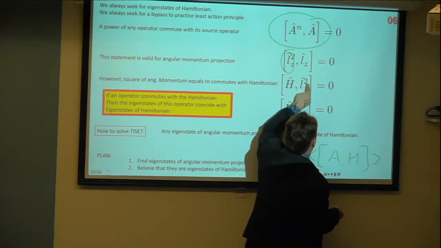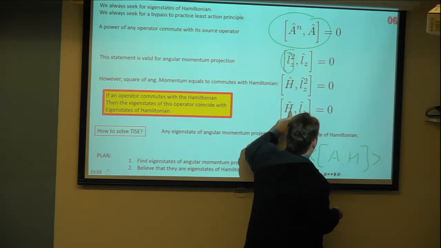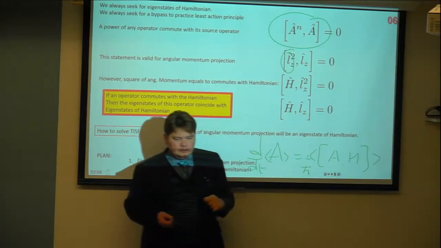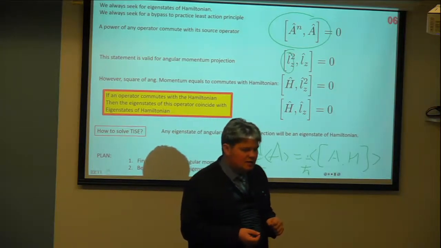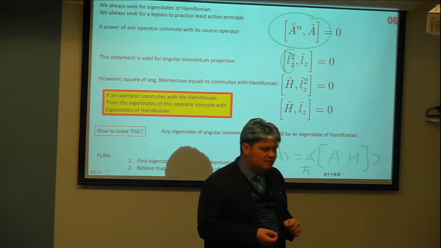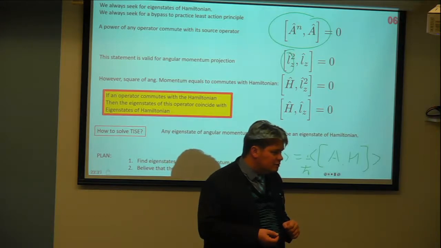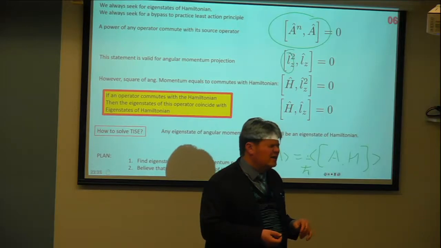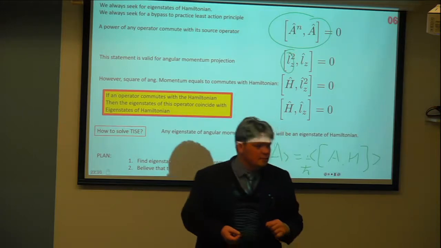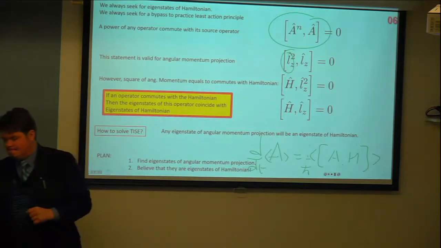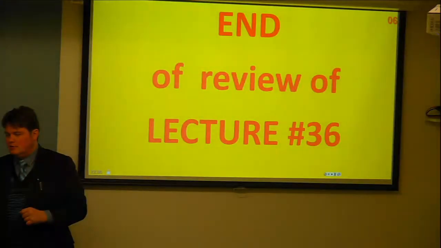So the Hamiltonian commutes with L squared and with Lz, and therefore it is justified to find the eigenvectors of the Lz operator, and then immediately start believing that they are eigenvectors of the Hamiltonian. Eigenvalues will be a little different, but eigenvectors will coincide. Okay, review is done. We are going to the actual perspective.